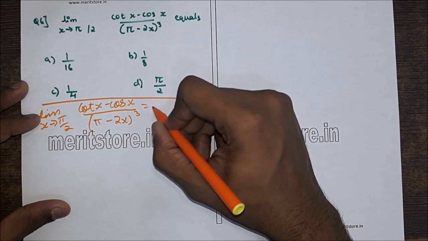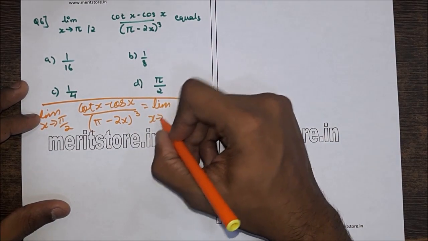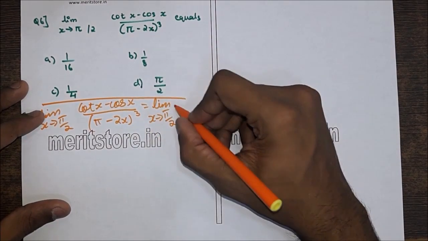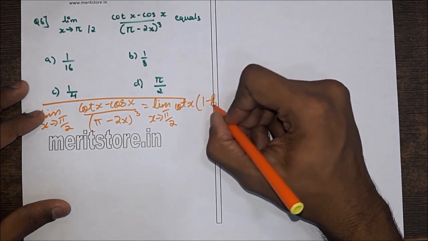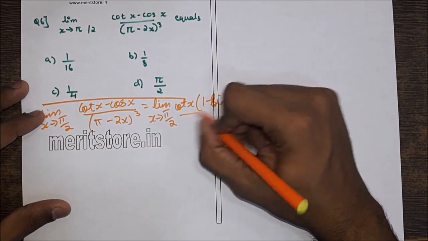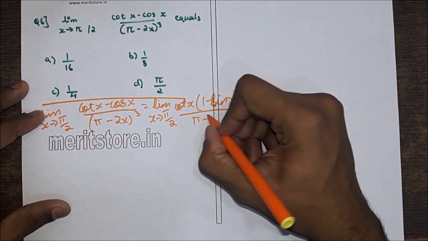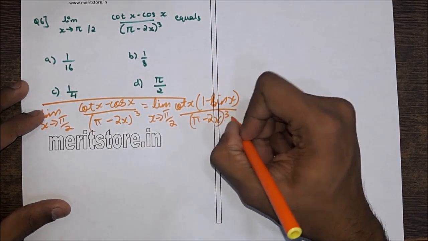That can be written as limit of x tends to pi by 2 into, take cot x common, we have 1 minus sin x upon pi minus 2x the whole cube.